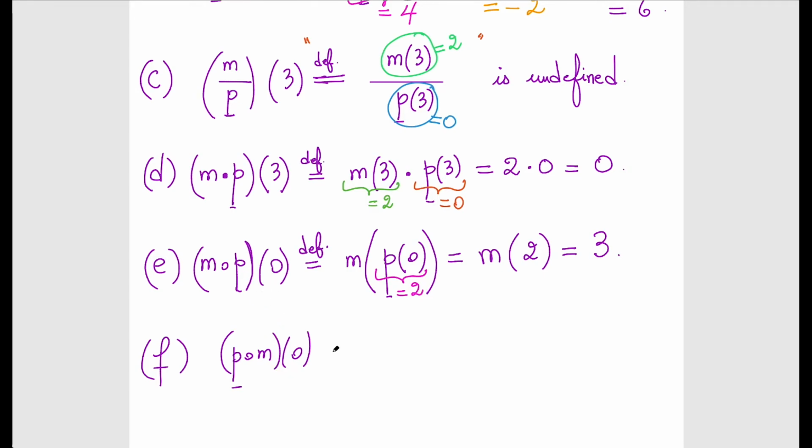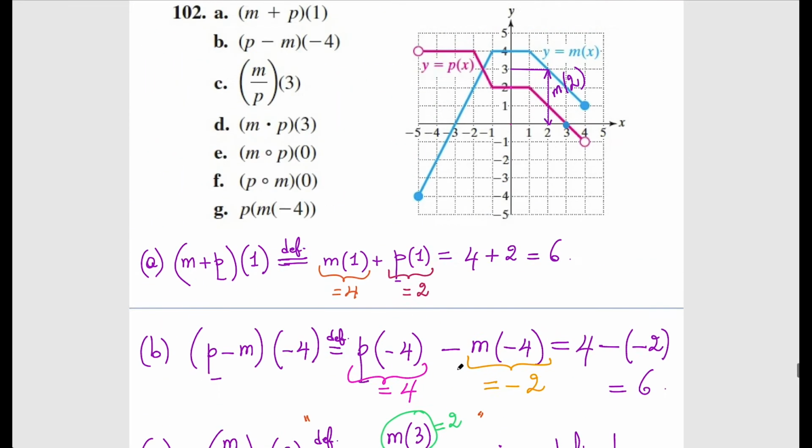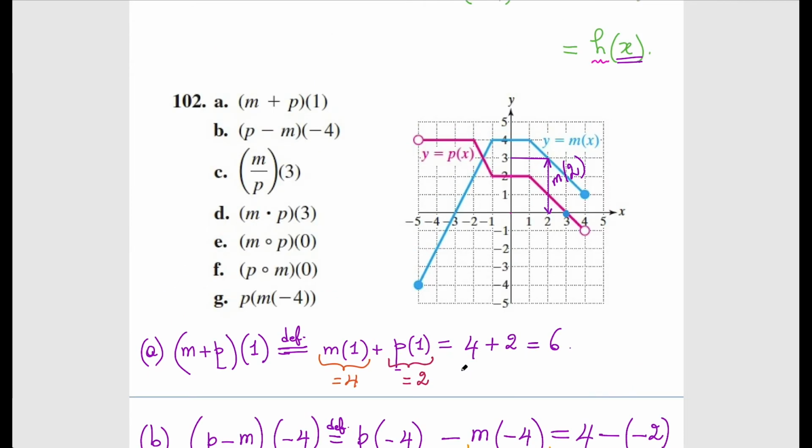Let's try it. Based on the definition, my circle looks like a composition. Let me just make it more oval. P composed with M at 0, this is the same as P now acting at the result that M is gonna produce at 0. And M of 0 is how much? Let's check this. M of 0, this is 0.